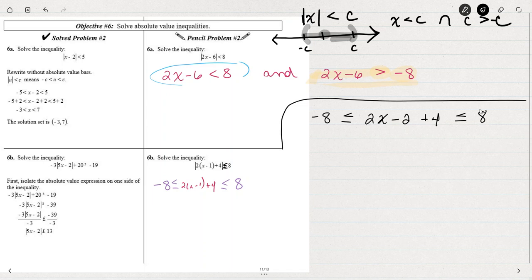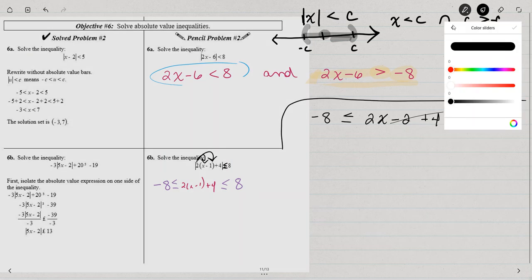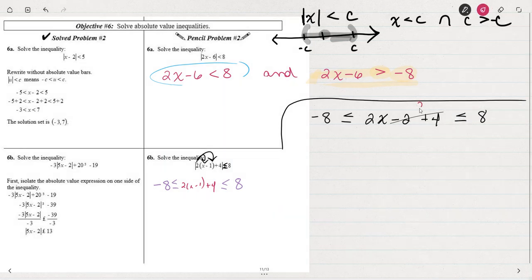Do you see how I distributed the 2 to the x and the negative 1? I could simplify this negative 2 plus 4 is positive 2. So negative 8 less than or equal to 2x plus 2 less than or equal to 8.